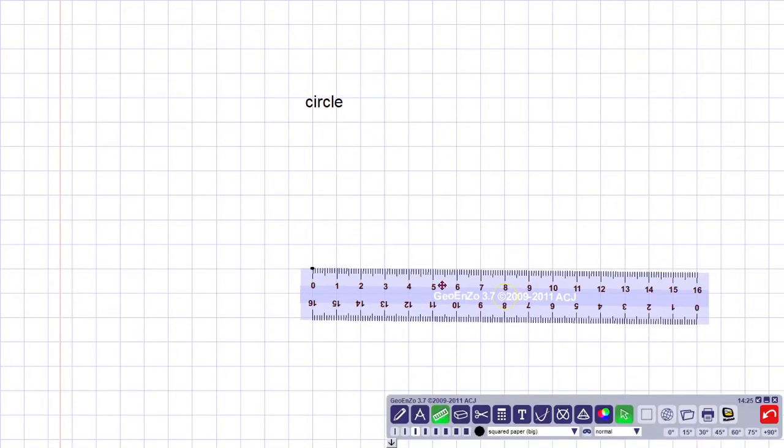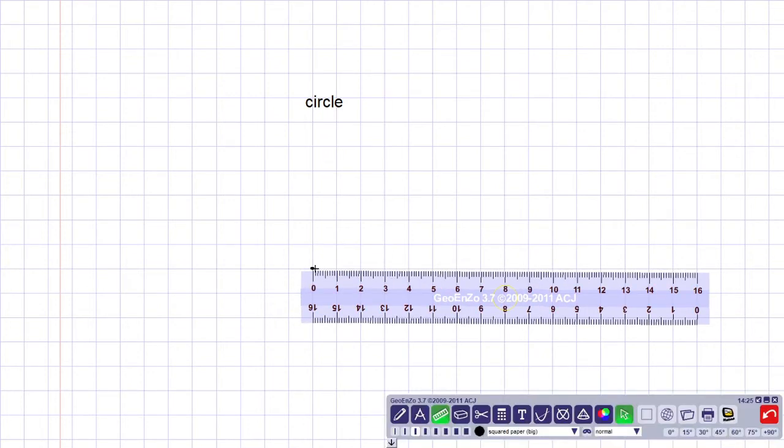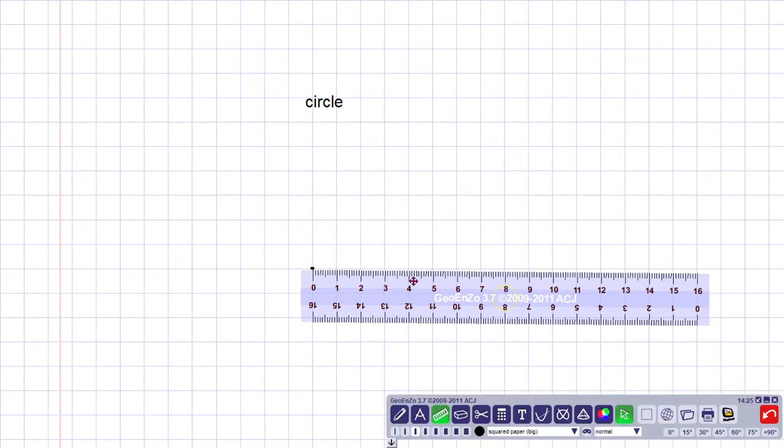I will get that distance as 5 centimeters. The constant distance is 5 centimeters. What is the name we use for this constant distance? This constant distance is named the radius.